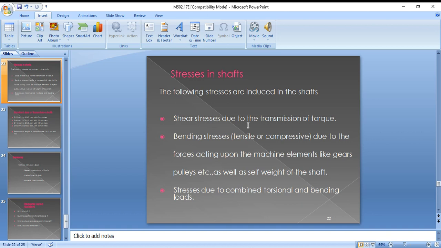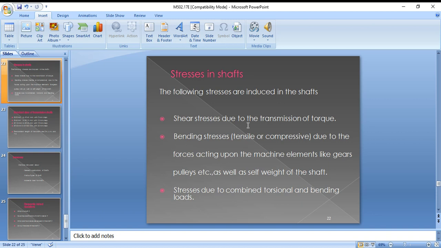It has to transmit at high speed so that there is more torque, so that there is a high shear stress. To survive that, it has to have a high cross section. Cross section of the shaft is nothing but the diameter you have to design.